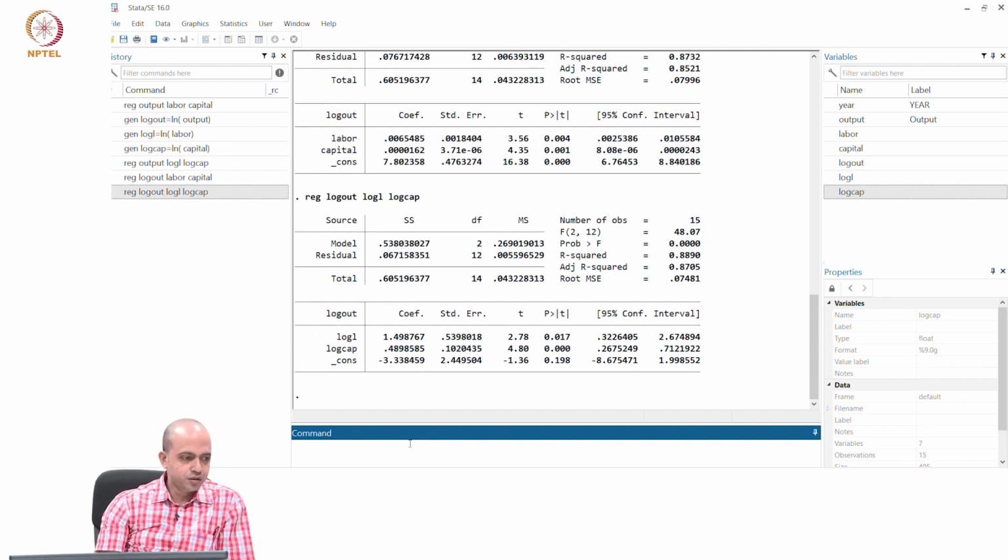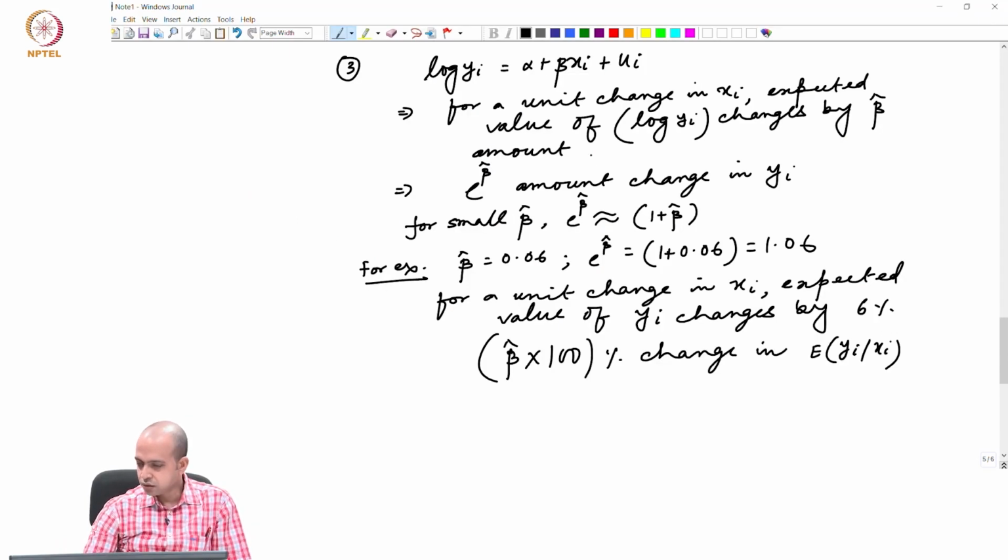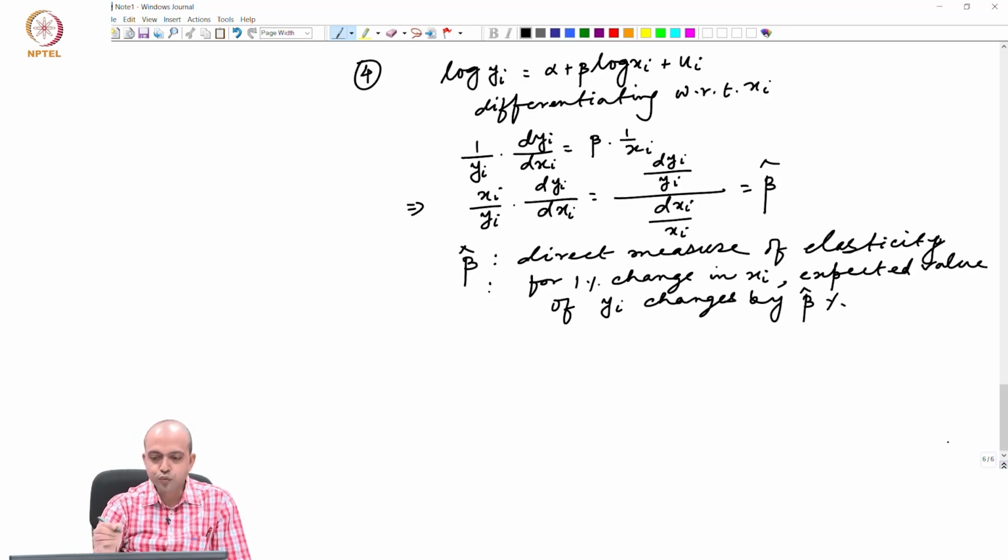this is the estimate. How will you interpret the coefficient? You go back to the log model and see. This is the log model, log y equals alpha plus beta log xi, and differentiating both sides, we get beta hat equals dy by y divided by dxi by x.